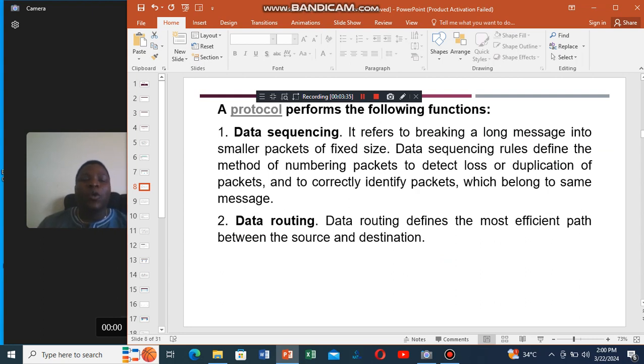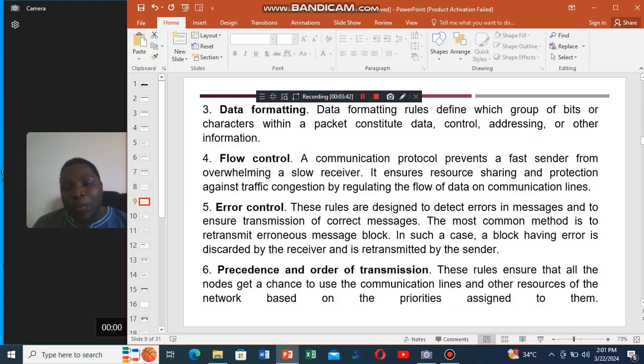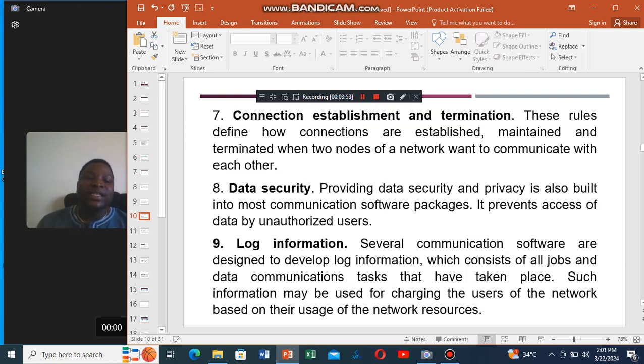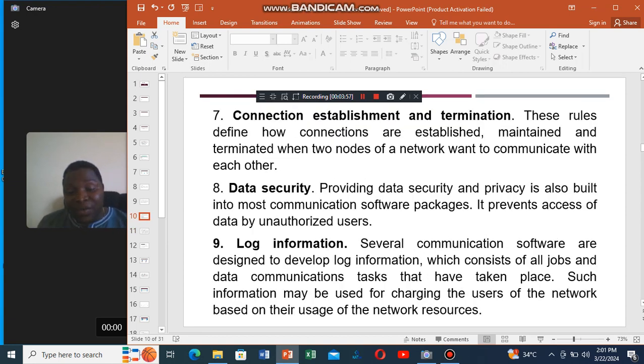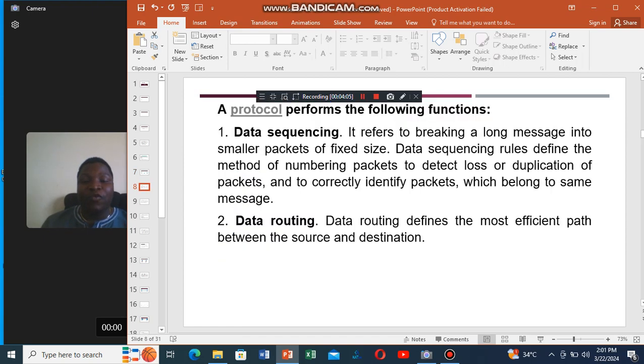The protocol performs the following functions: one, data sequencing; two, data routing; then data formatting, flow control, error control, precedence and order of transmission, connection establishment and termination, data security, and login information. So under the protocol, there are these nine functions. Let me take them over again.